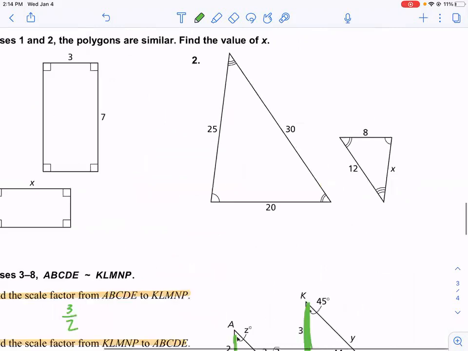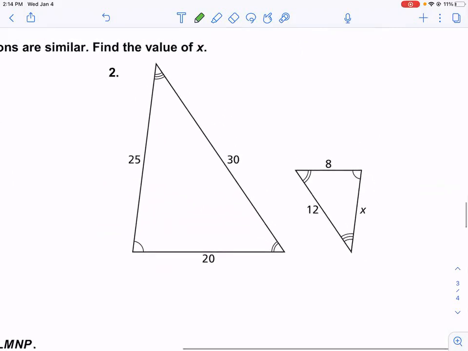Now, let's go look at number 2. What if I say, hey, these are similar, find me the missing value? Which side corresponds with X over in this triangle? 25. So we can write a ratio of X over 25. And we know that that has to be the same ratio as another pair.